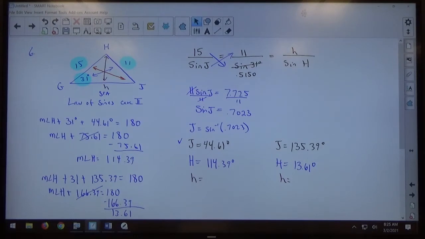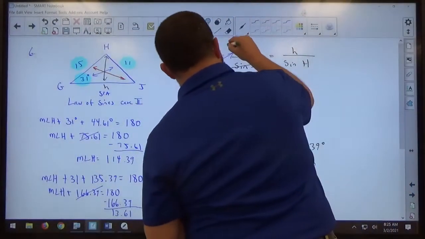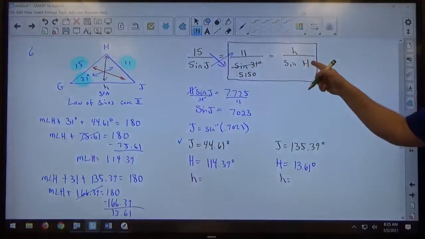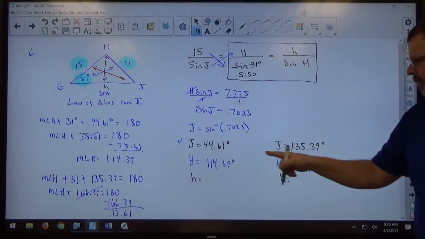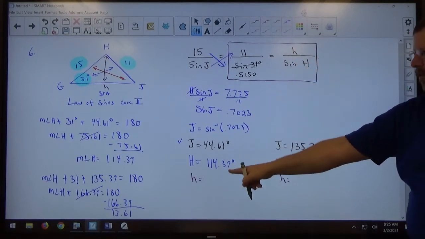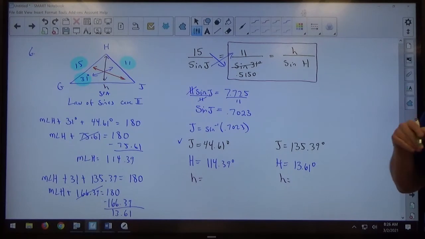Final step is to find out what little h equals. And we go back up to our main proportion here. I've got 2 different answers for big H, this answer and this answer. So I'm going to perform this proportion twice, once with H equals 114.39, one with H equals 13.61, to find a little h for both scenarios.